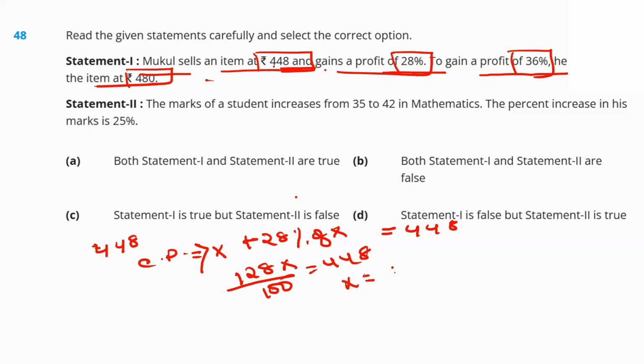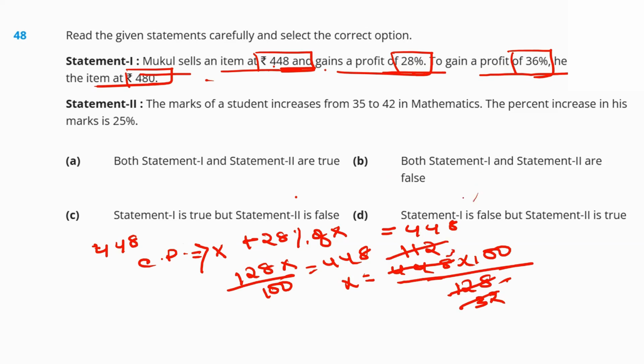So X is how much? 448 into 100 by 128. If we simplify this, 4, 1, 1, 2, this becomes 4 3s are 12, 4 2s are 8. 32. Next, again, we can divide this by which number?